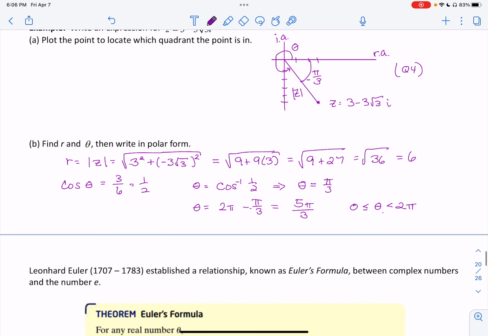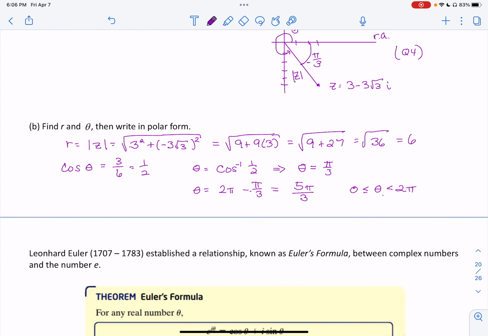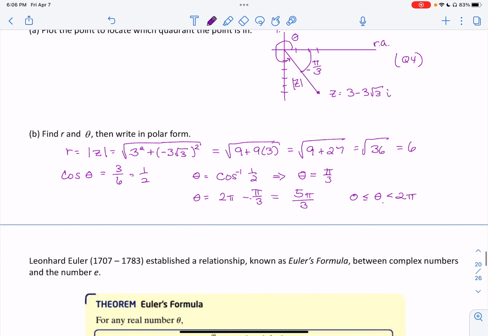I can write then my equation. I'm going to kind of try and squish it in here. So I can write my equation where I say, I'm going to write it up here. z is equal to 3 minus 3 root 3 i, which is also equal to r, which is 6, times cosine of 5 pi over 3, and then plus, let's put the i first, i sine of 5 pi over 3.